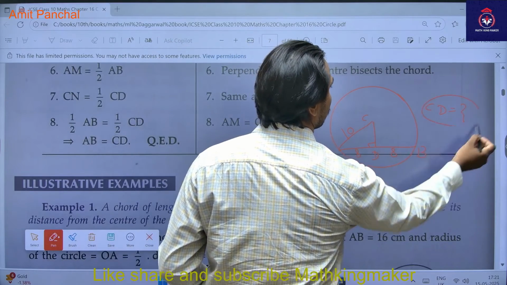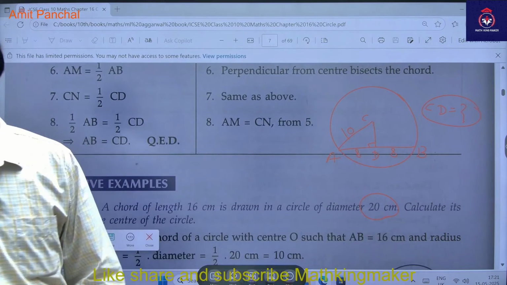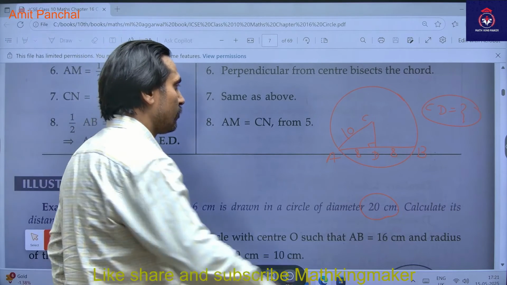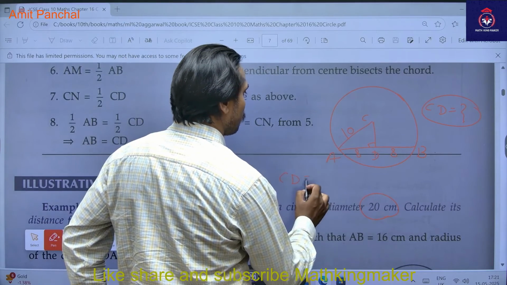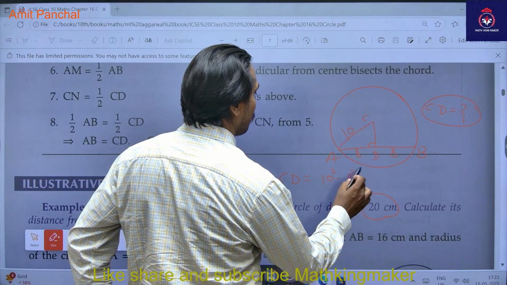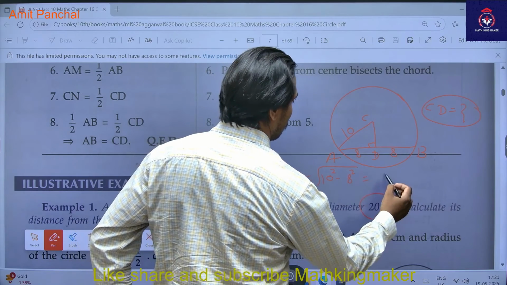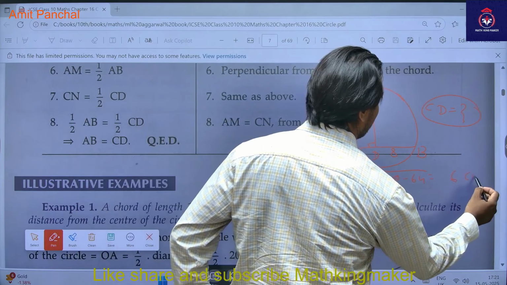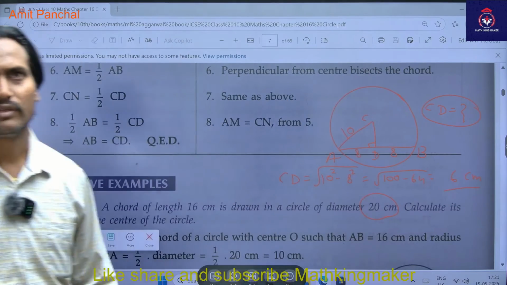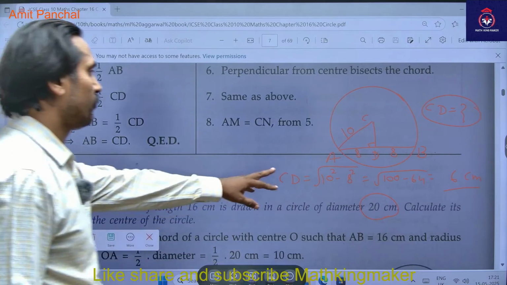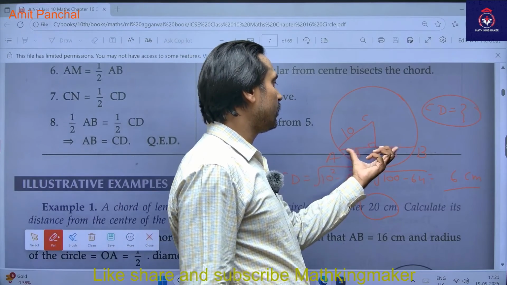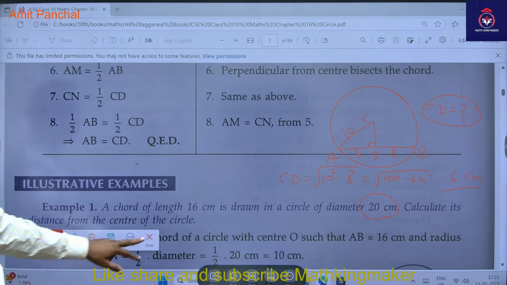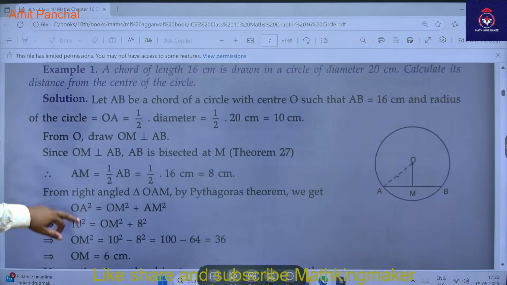Can you apply the Pythagoras theorem? It is a right angle triangle. So radius 10, CD is 10 squared minus 8 squared, so that is 100 minus 64, that is 6 centimeters. So that theorem is used. It will be a perpendicular bisector if it is passing through the center. Like this you have to use the theorems.